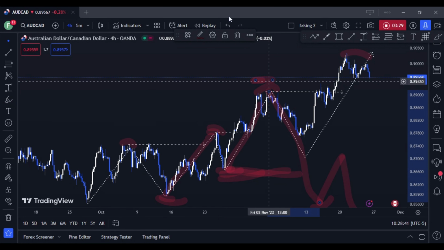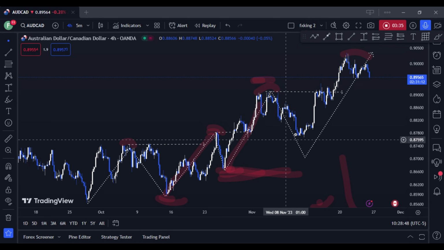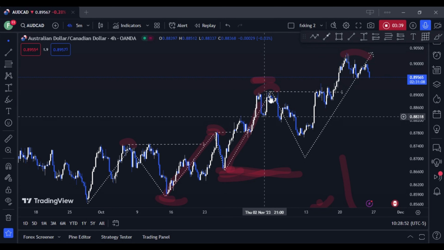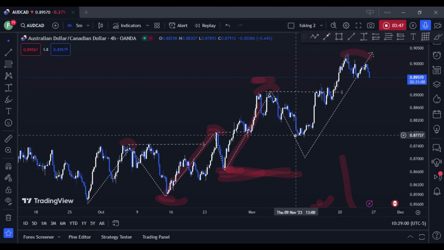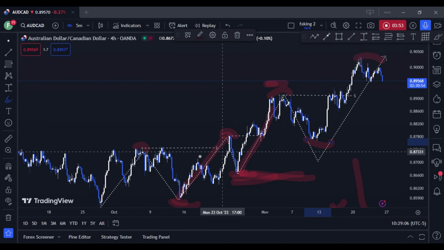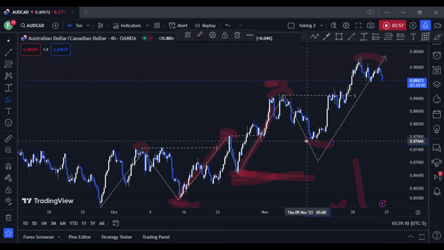So let's continue with the normal market direction. At this point, this is our trading range. When the market breaks this structure at this level, our trading range moves from this range to here.